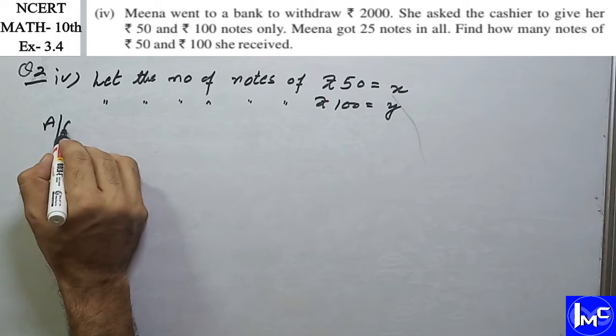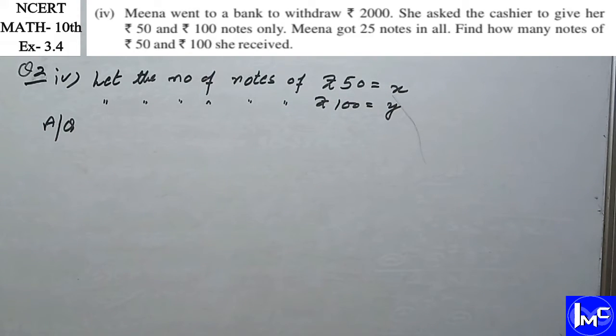Now what is the condition? According to the question, she wants to withdraw rupees 2000. She asked the cashier to give her 50 rupees and 100 rupees notes. Meena got 25 notes in all.